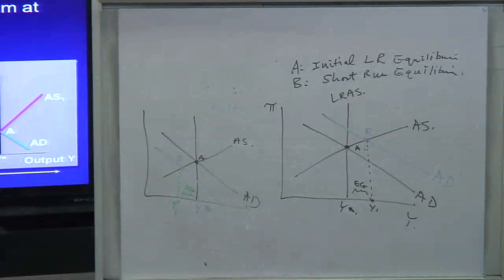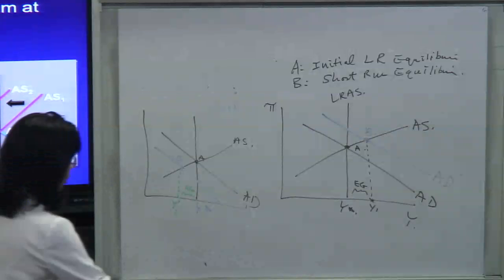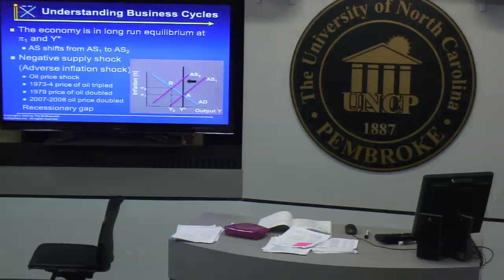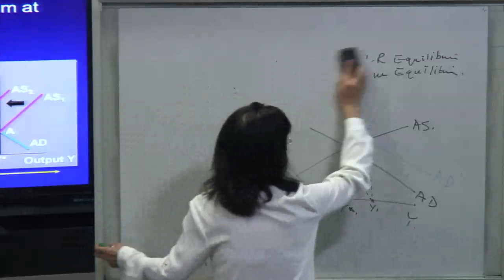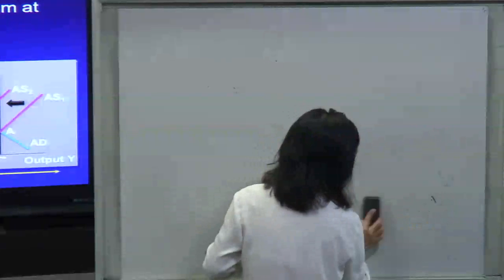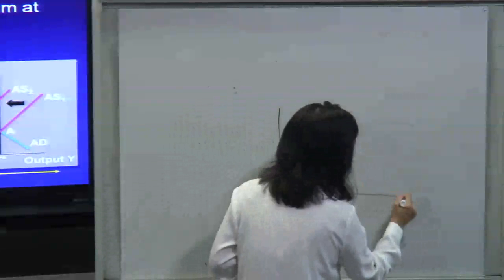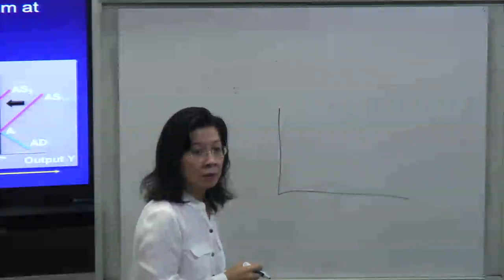Okay, so let's look at one more example. So anyway, this is all example. So this example requires now to shift the AS curve. And that's what we're gonna do next. You're gonna shift the AS curve. So again, start off with nothing else.